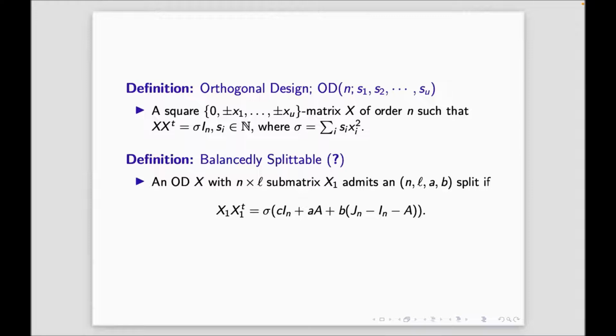And indeed, balancedly splittable, if we can write it, is something similar to what we had for Hadamard matrices, except that sigma is actually something like this. Sigma is the sum of the squares of the i-th x variables times the number of times the variable is repeated.